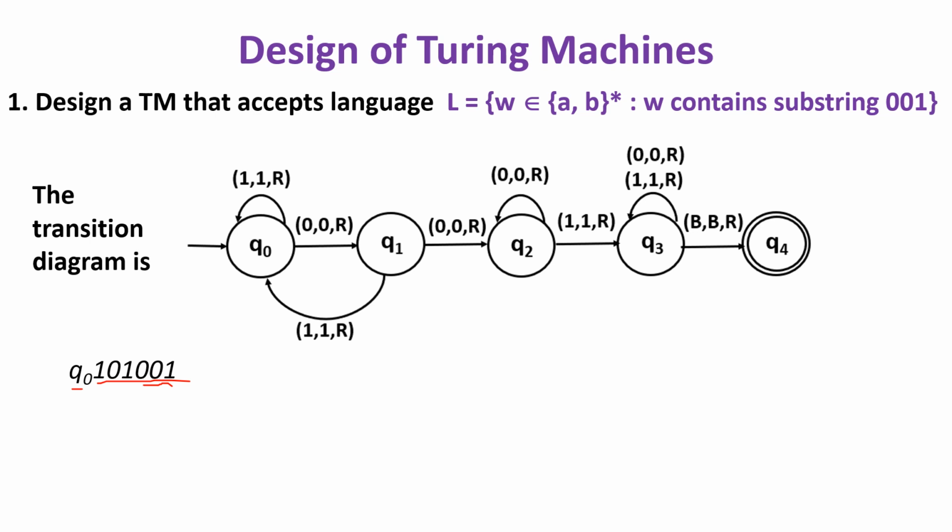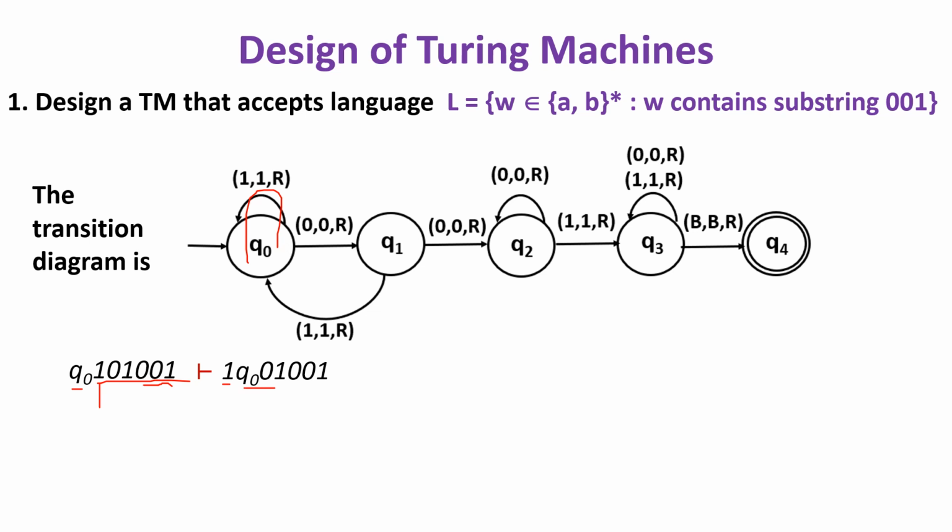So let us see. Initially Q0 is pointing to the first symbol, that is 1. So Q0 1 is taking a self loop, keeping 1 as it is. So 1 kept as it is, move towards the right, be in the same state Q0.